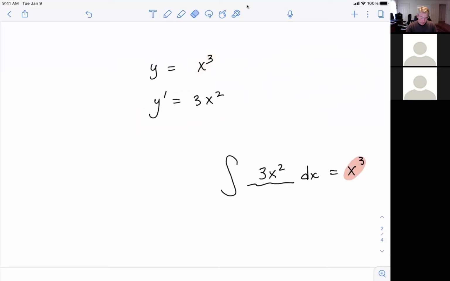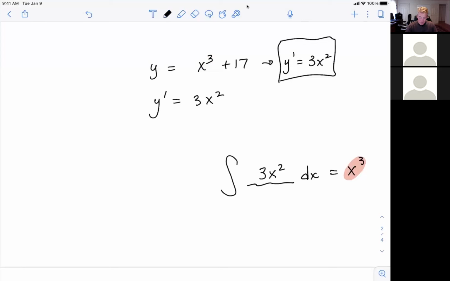But what if somebody said, you know what, I got a different answer because I got plus 17. And I'm like, what? Where'd you get 17? And they're like, I just like it. It's my favorite number. But check it out. Does it work? So take the derivative. So it's going to be 3x squared. And then the derivative of 17 is 0. So it's gone. So in other words, whoever said the plus 17, they were right.